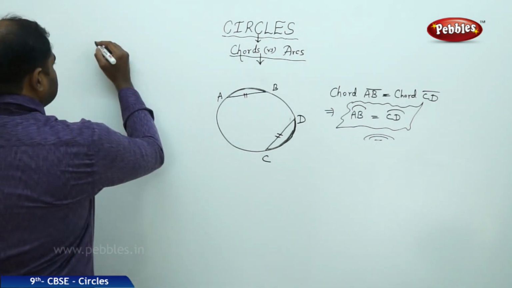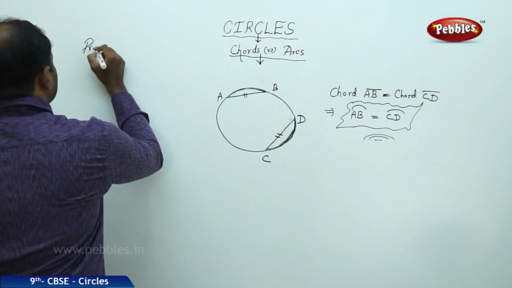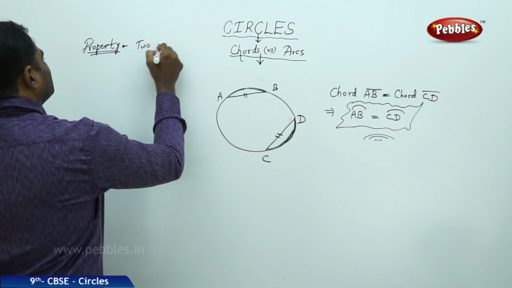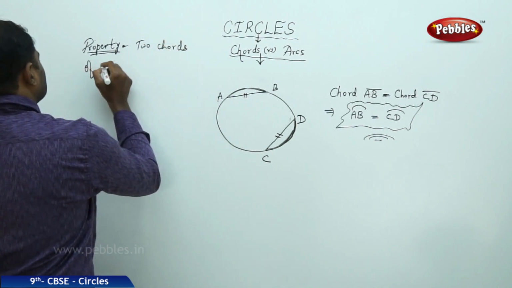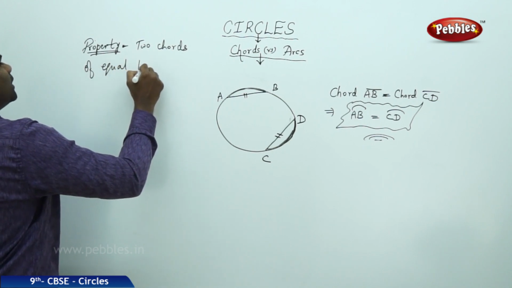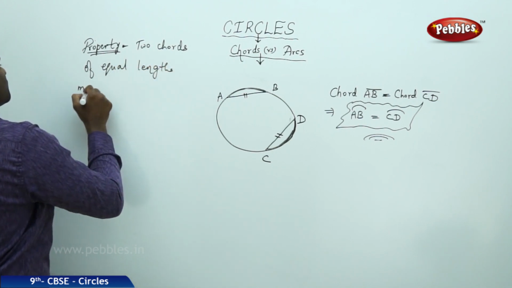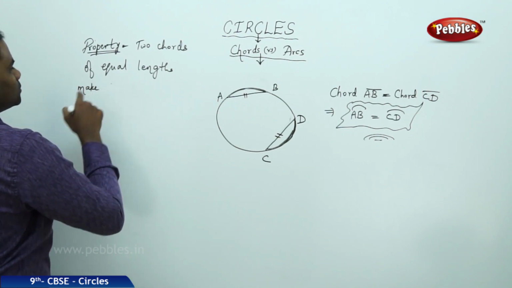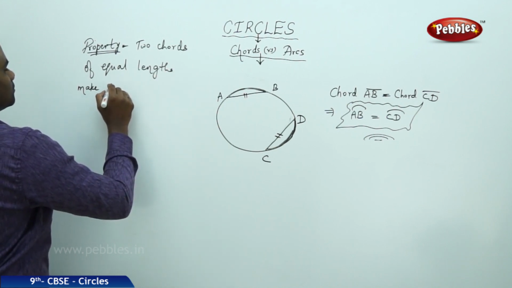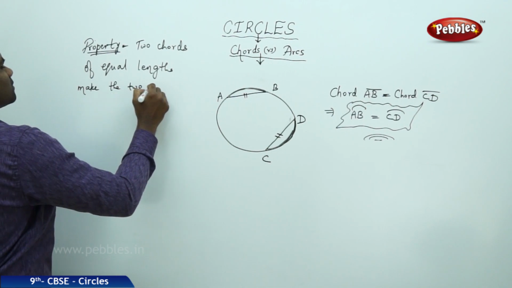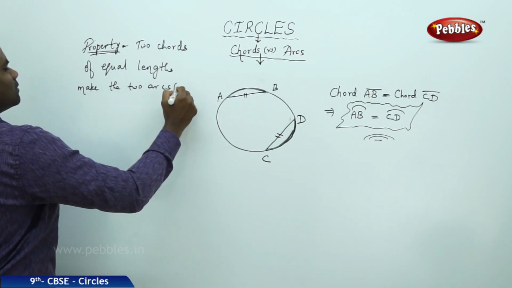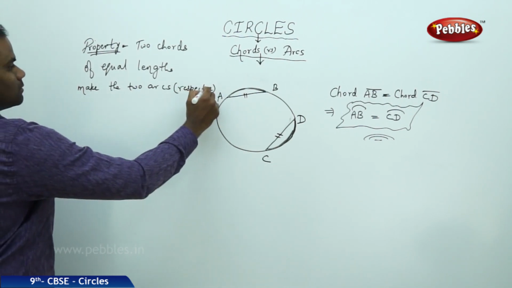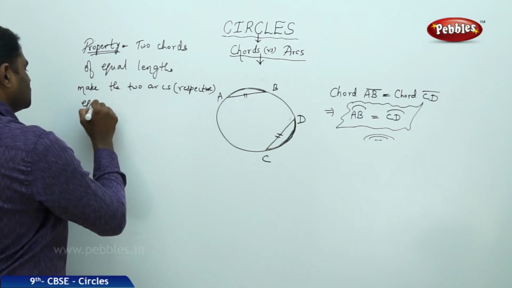In the statement, the property says two chords of equal lengths make the two respective arcs equal.